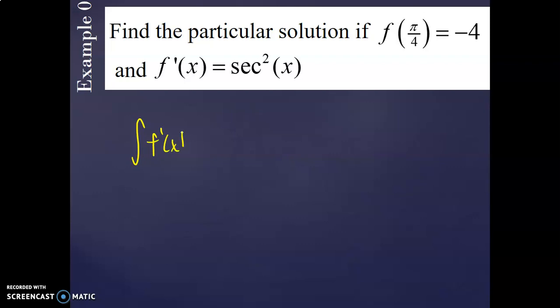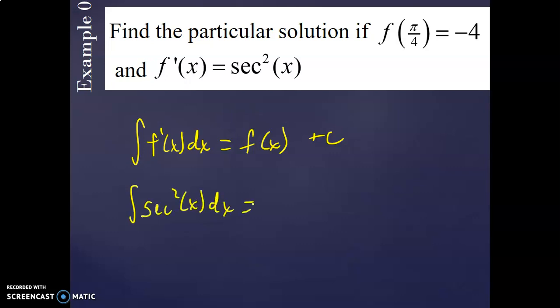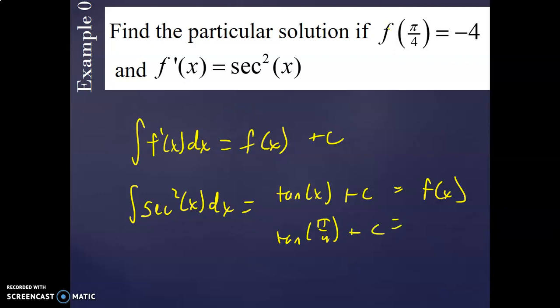So the integral of f prime of x dx is going to be f of x plus c. So the integral of secant squared of x dx is tangent of x plus c. So that's my f of x, tangent of x plus c. And now I'm going to plug in my point. So tangent of pi over 4 plus c equals, and then f of pi over 4 was -4.